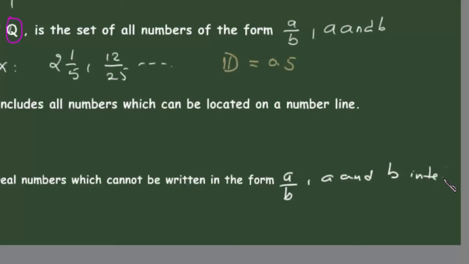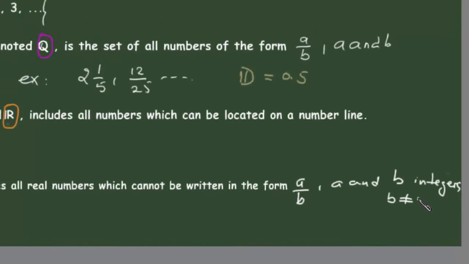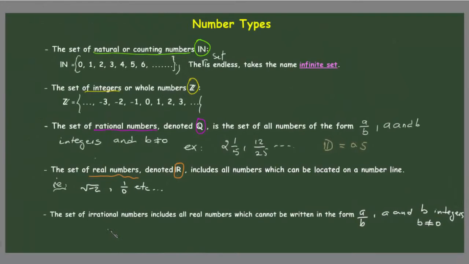But as you can see, the irrational numbers have no denotation or no symbol. So it's all about choosing some letter. It could be Q bar, it could be S or something like that, and clearly introducing how you're using it.